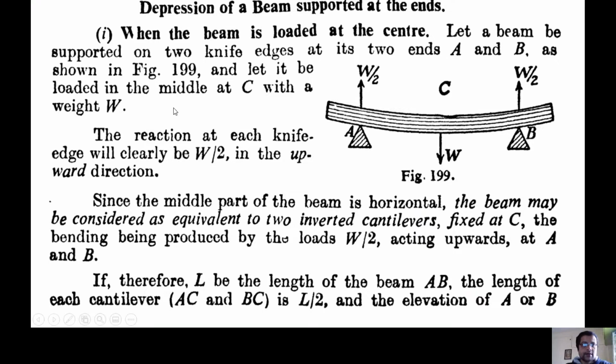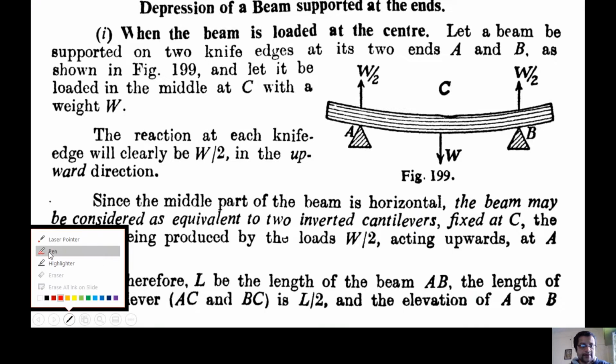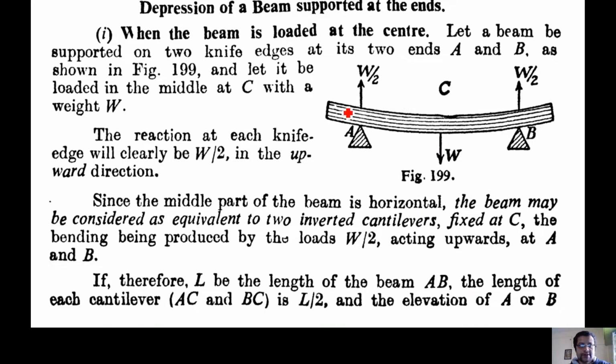So when the beam is loaded at the center, what kind of shape does it have? You can see that it is like two cantilevers in the inverted position, and you apply the weight at the middle, or the center, of the beam. Let a beam be supported on two knife edges, called A and B here.